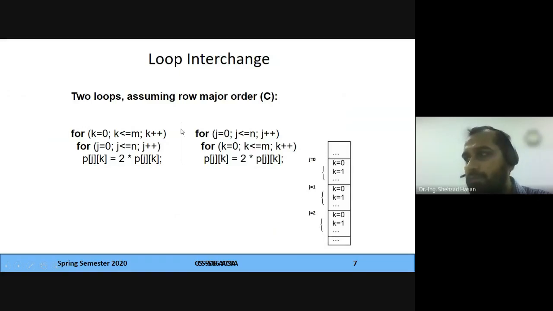Sorry, in the left one j is changing frequently, so k is not changing, k equals 0, so you're talking about this first element over here, A00 would be this one, right? Then we are going to change the value of j, which means that we are going to jump over here, then over here, and so on. And this second implementation is changing the value of k frequently. That is, it is going to go for all elements of j first, and then all elements of j equals 1, then all elements of j equals 2, and so on, right?